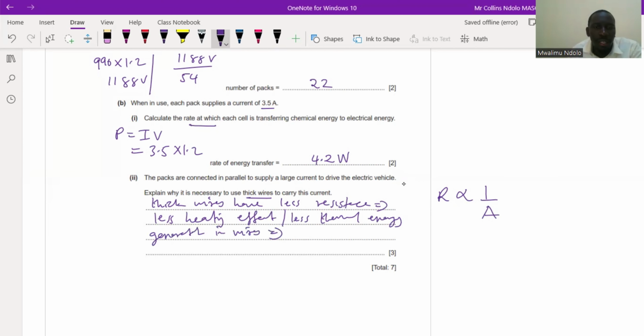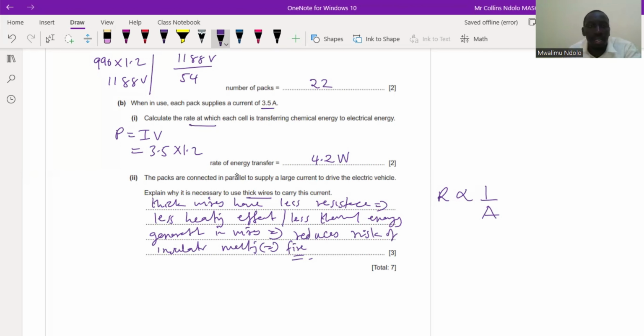The advantage is that this reduces the risk of the wire and the insulator melting. It can even minimize the fire that may arise due to the heating effect. So that is done.